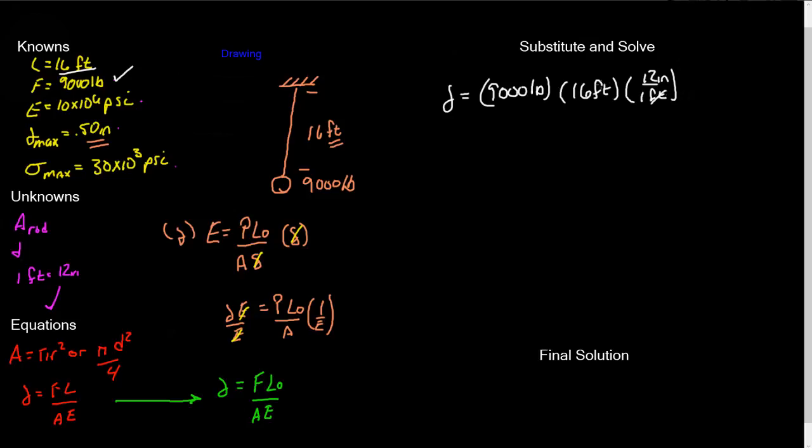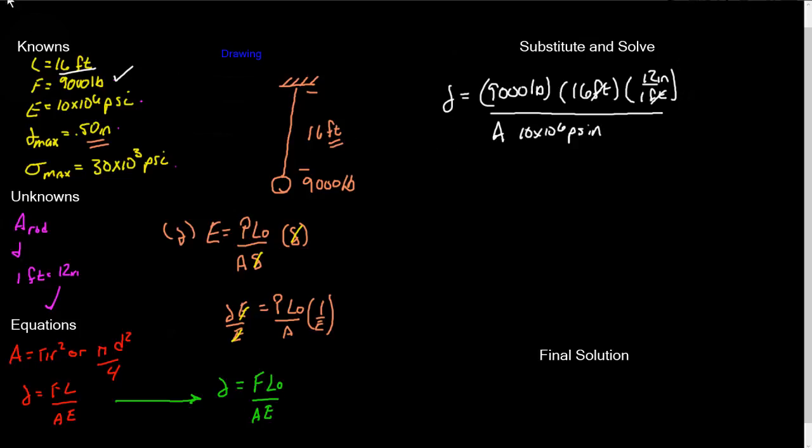That will cancel out my feet units there. And then I'm going to divide this whole thing by my area, which is actually what I'm trying to find, and then my E factor, which is 10 times 10 to the 6th pounds per square inch.